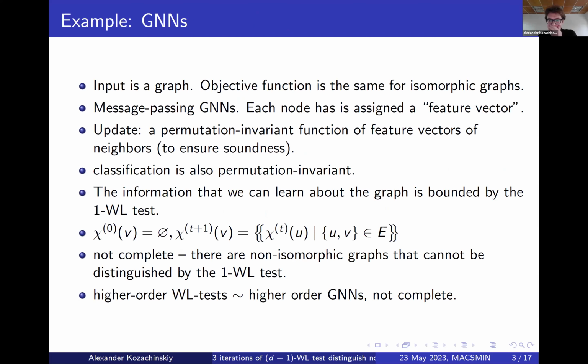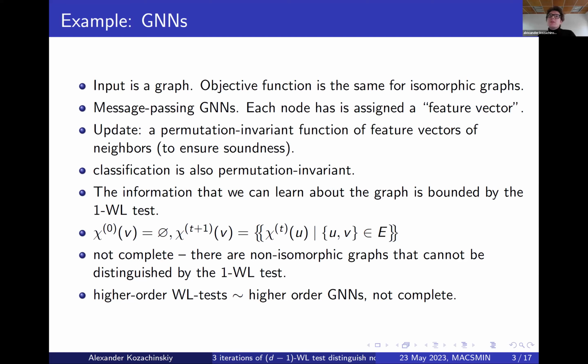There is this standard example of graph neural networks. For example, the set S can be graphs, let's say undirected simple graphs, and maybe let's fix the vertex set.